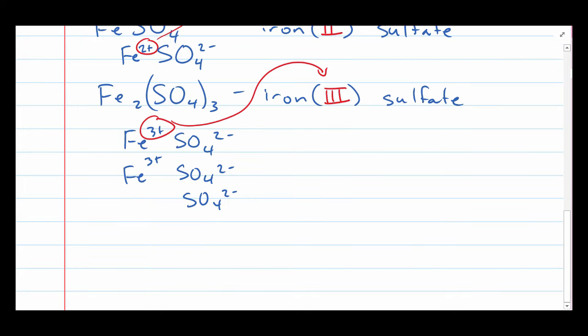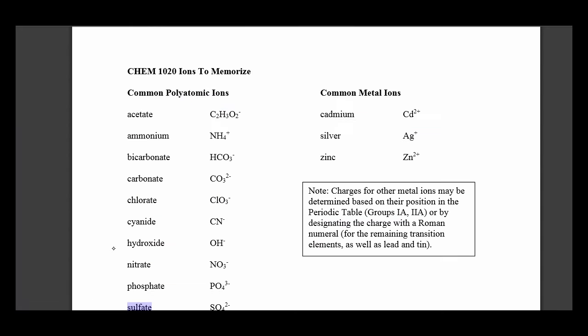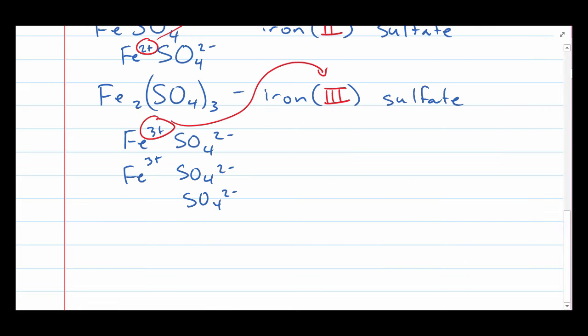Now sometimes we have the positively charged ions. In fact, there's only one positively charged polyatomic ion that we're responsible for in here, and that is the ammonium ion. So if we were to use that one, let's say that we had a formula something like this.